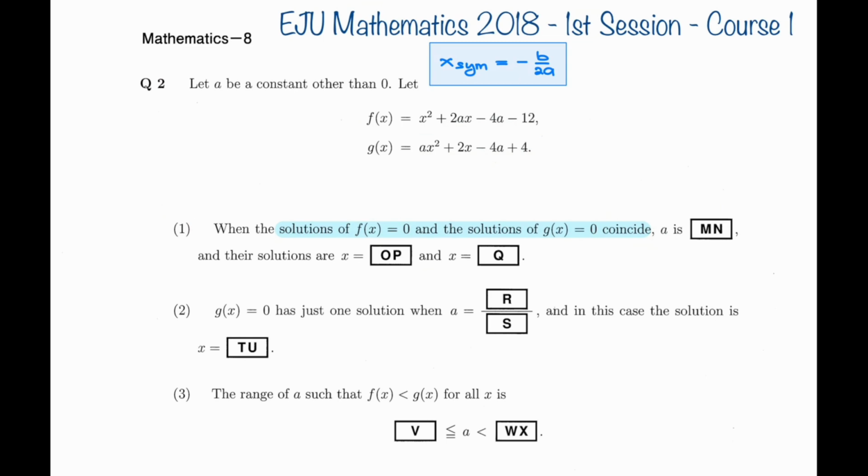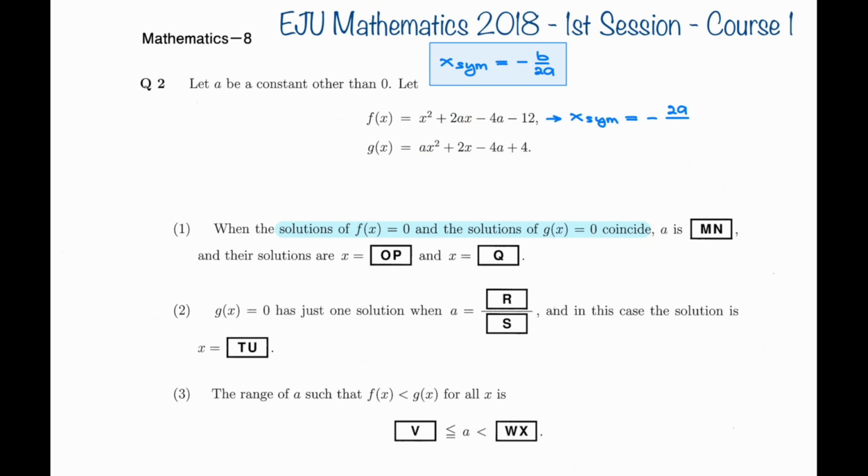So, symmetrical axis of f is negative b. b is 2a here. So, negative b over 2a. The coefficient of x squared is 1.